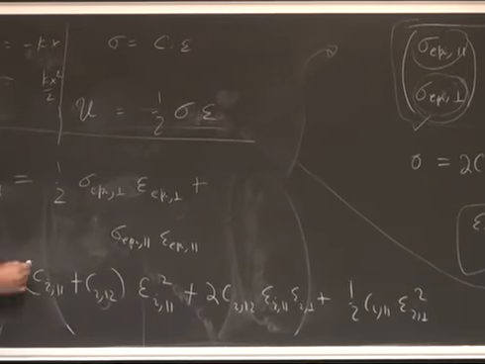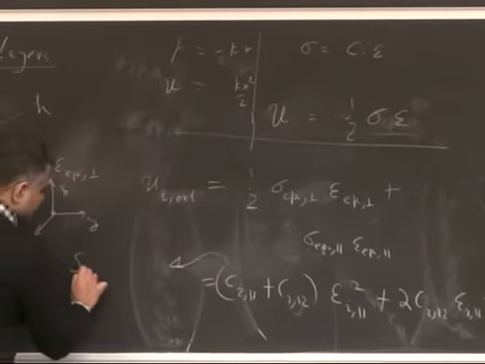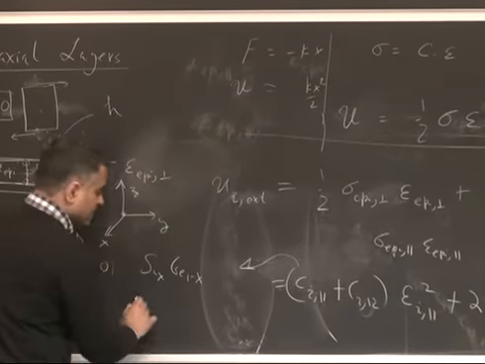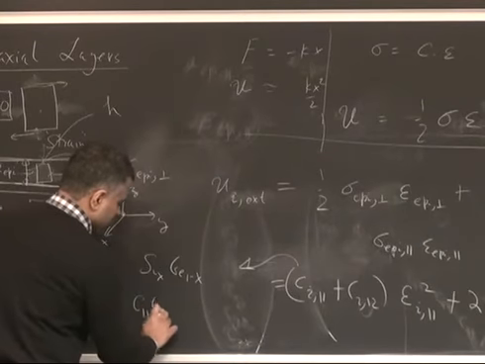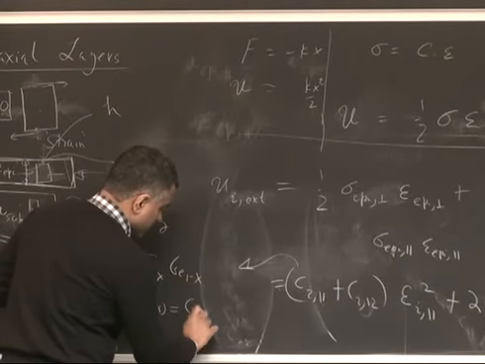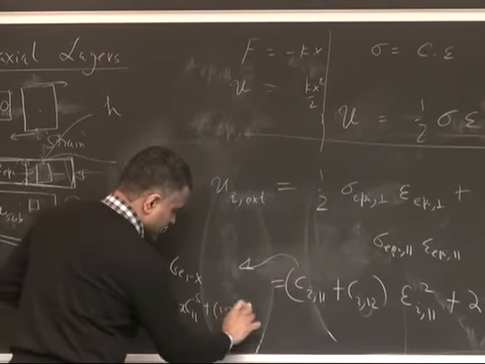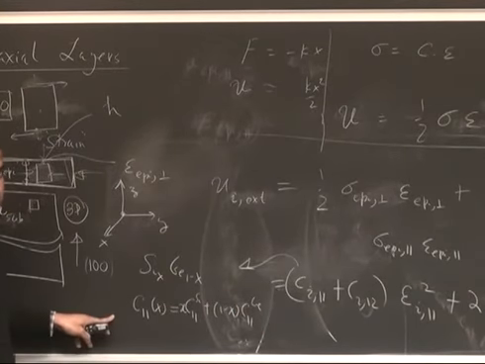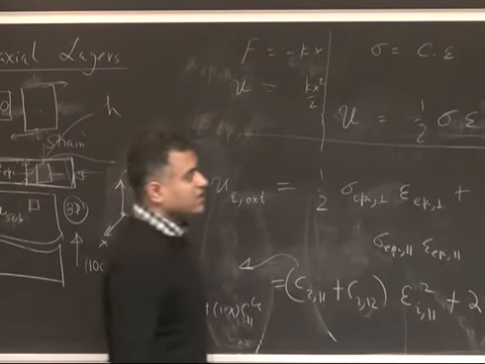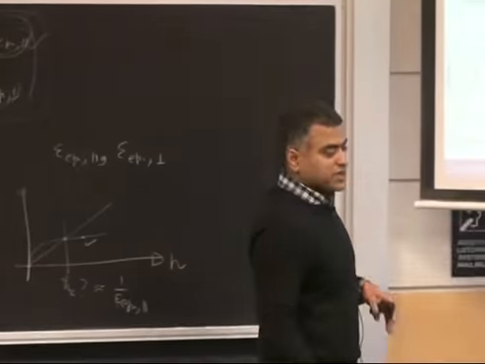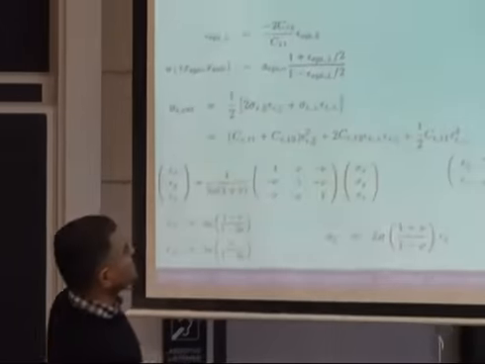So if you are trying to grow, let's say, silicon x germanium 1 minus x, then the C11 for that alloy will be x times C11 of silicon plus 1 minus x times C11 of germanium. Do you see what I mean by that? So essentially, you just have to take care of that. The C's are the ones for the epi layer, not the individual components. That's why we have these I's and all that.